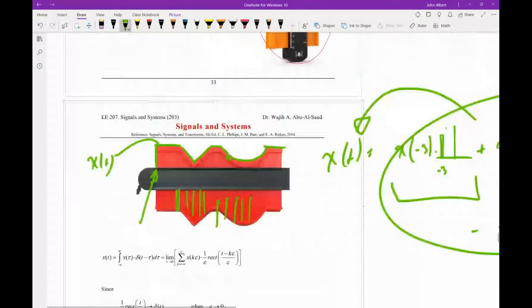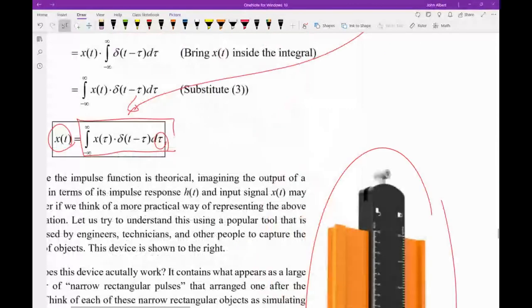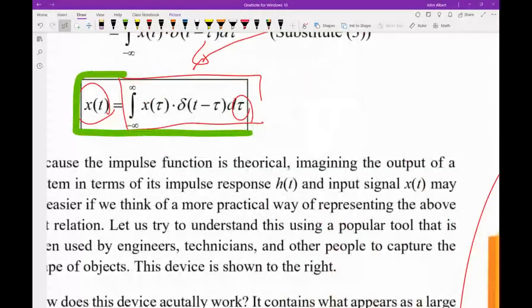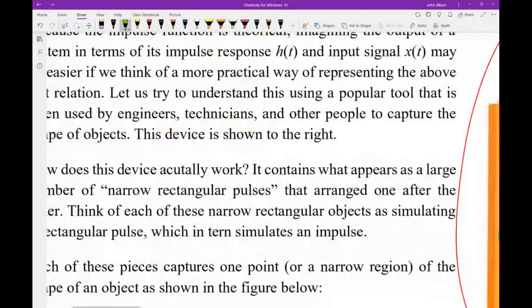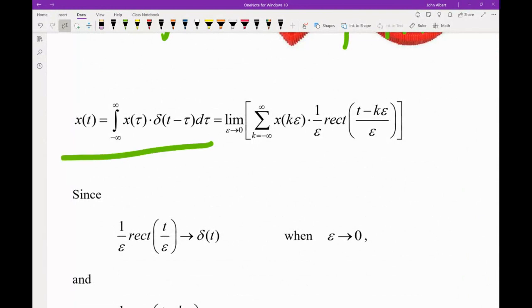So this formula that I have just written a minute ago, I can write it in a way that looks like this. This is exactly the formula that I have on top. I'll just replace the integration with summation: a sum of an infinite number of impulses, or infinite number of rectangles, let's say.